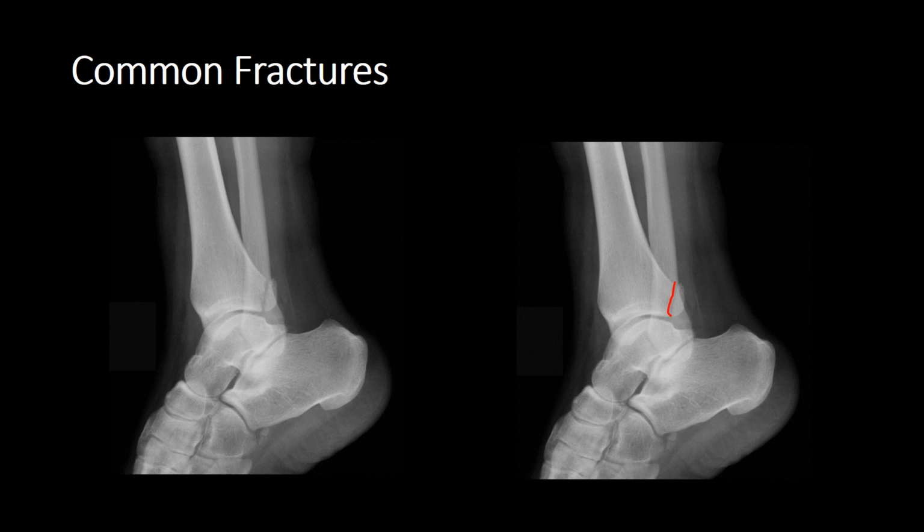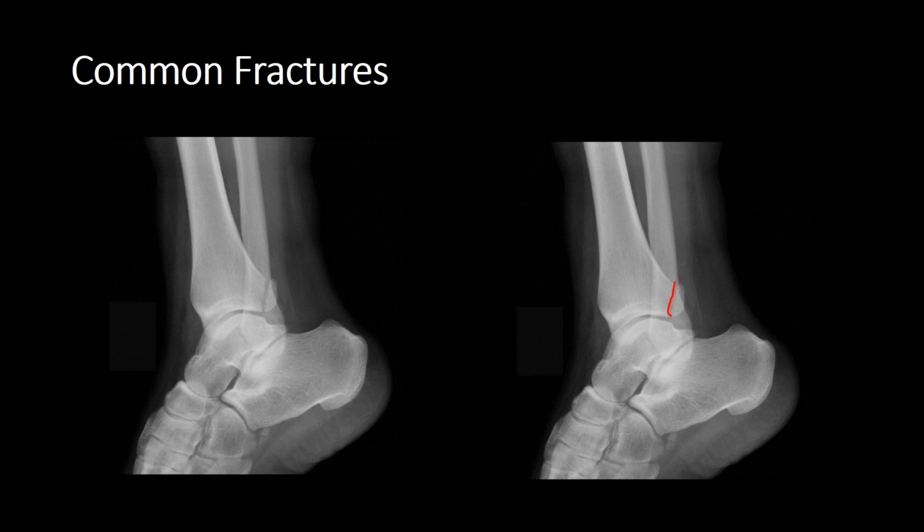Isolated fractures of the posterior malleolus are rare. To be honest, it's not really a malleolus, it's a tuberosity, but it's so frequently called a malleolus that we just use that terminology. Generally speaking, a posterior malleolus fracture is usually associated with other fractures to the malleoli, whether that's a single malleolus or multiple.